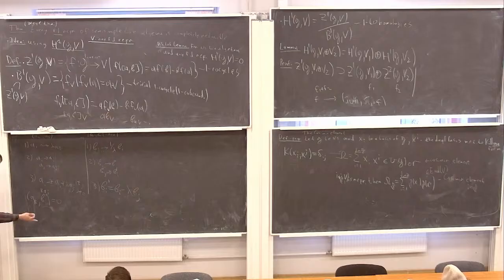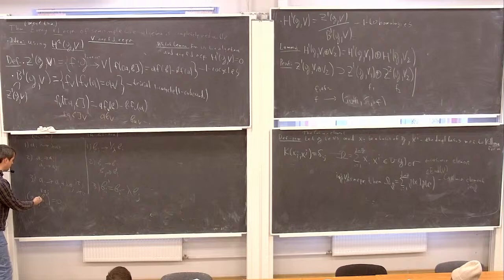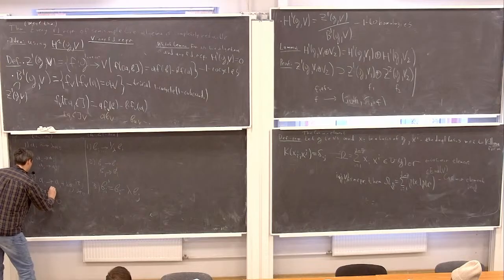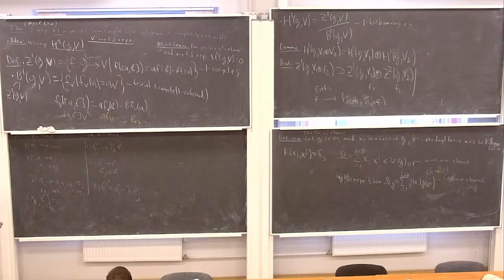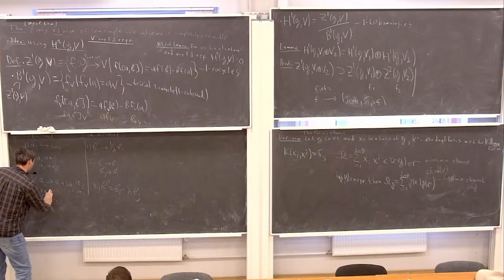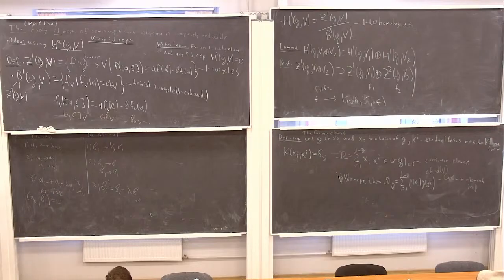Yeah, so let's check. So is it 0 when what? If j is not equal to k, then it is 0, right? So let's check so that we have a new basis.